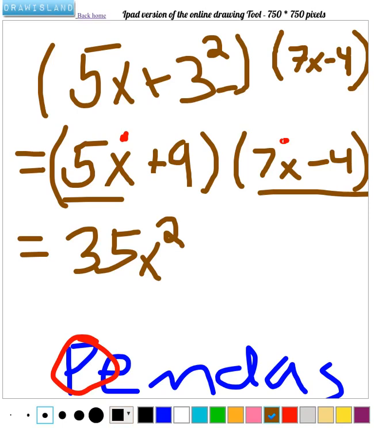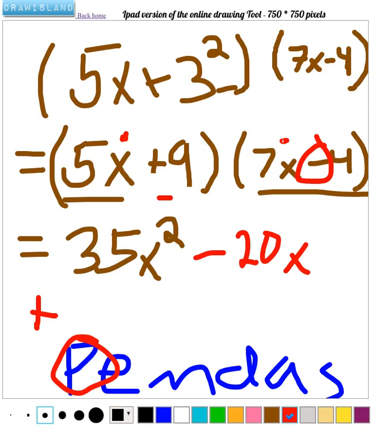And since there is a minus here, it's minus 5x times 4, which is 20x, plus, let's just continue the equation on another line, plus 9 times 7x, which would become 9 times 7 is 63x.